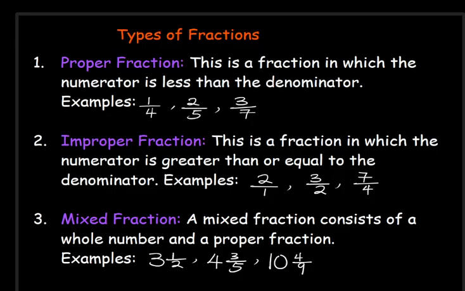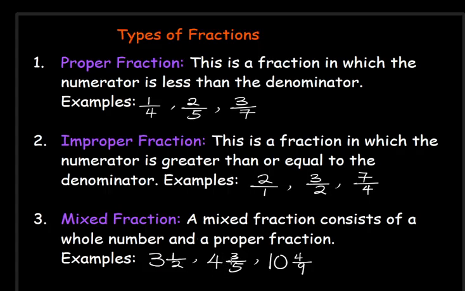Number 3, mixed fraction. A fraction that consists of a whole number and a proper fraction. Please, it must be a proper fraction. So how do we read this? This is 3 whole number, 1 over 2.